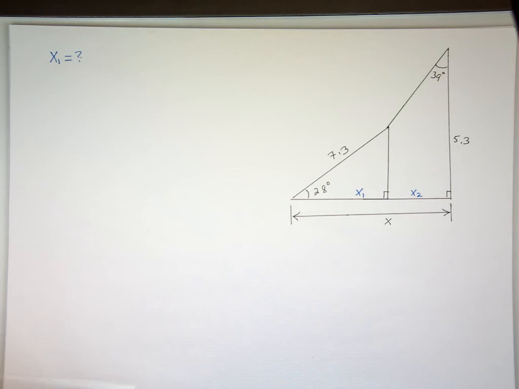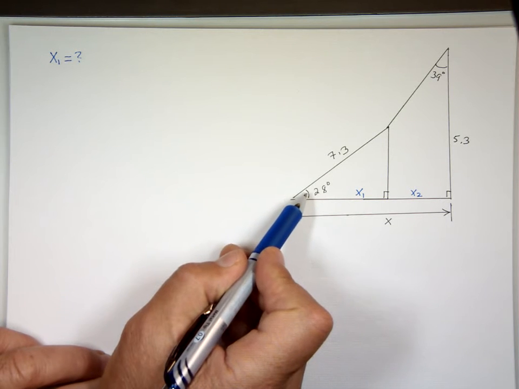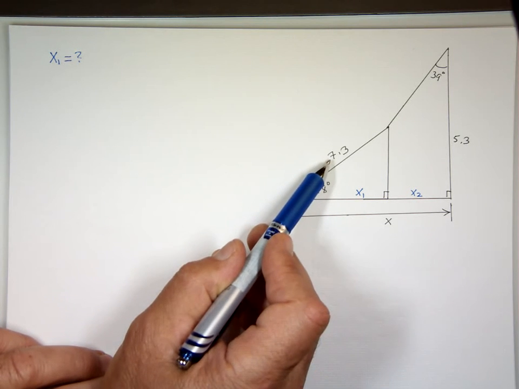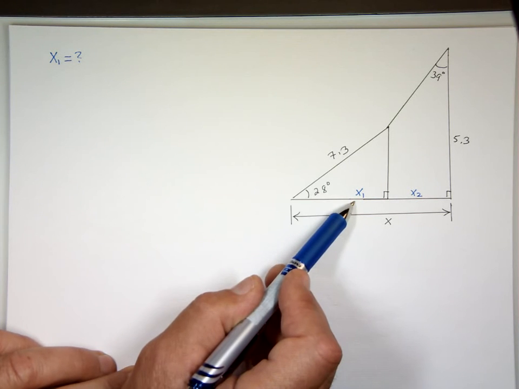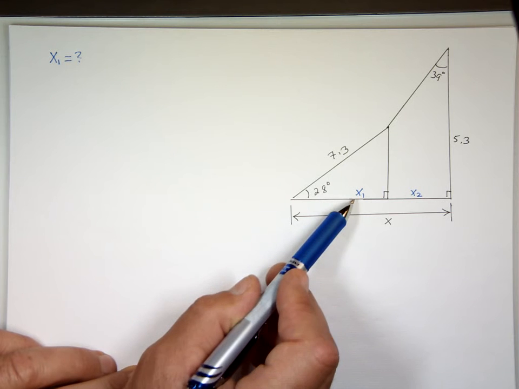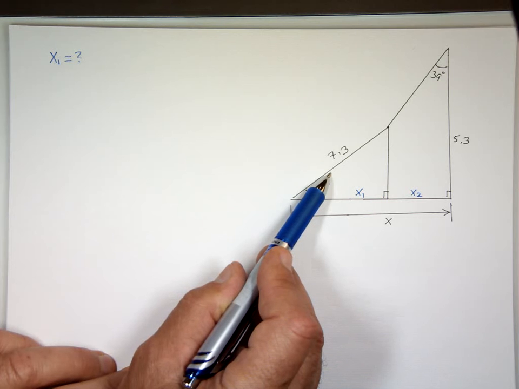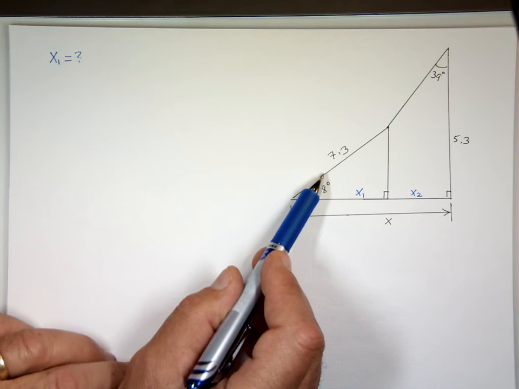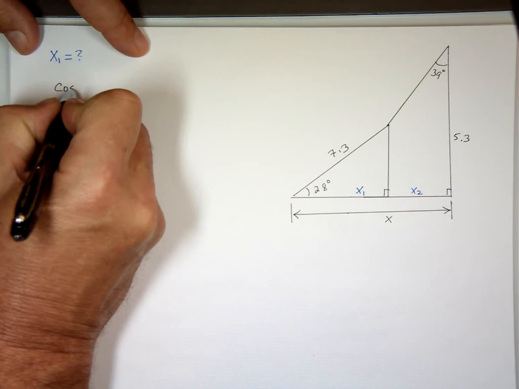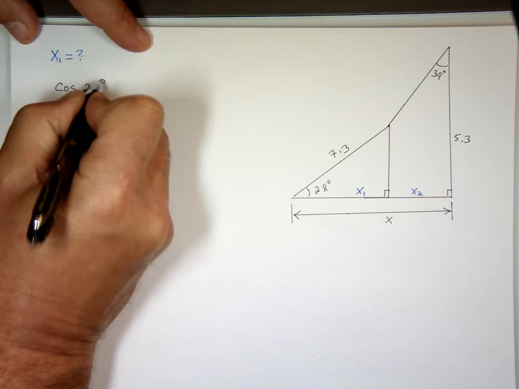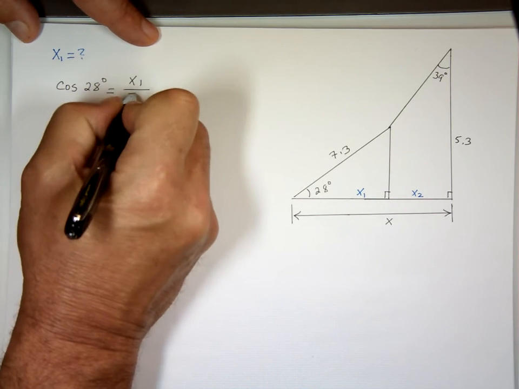There's your triangle right here. There's an angle that you know. There's a side that you know, and that's what you're looking for. You know 2 out of the 3. In relation to this angle, this side is what? The adjacent, that's what? Hypotenuse. Adjacent, hypotenuse, which one? Cosine. So cosine 28 degrees equals the side that's adjacent, x1, divided by the hypotenuse, which is 7.3.